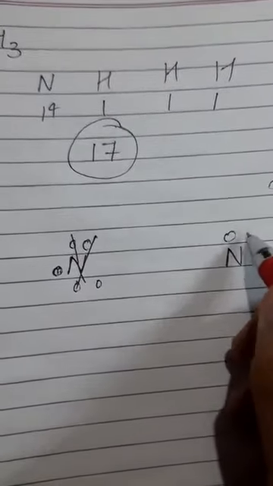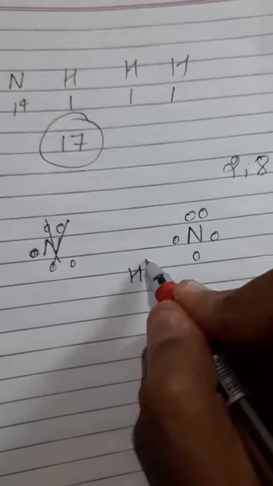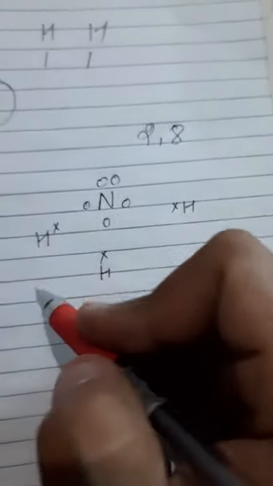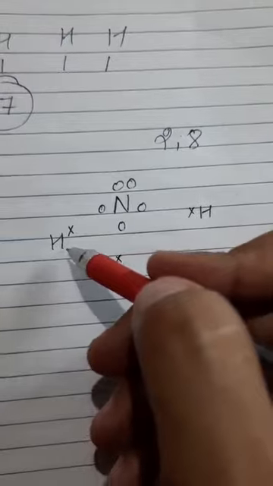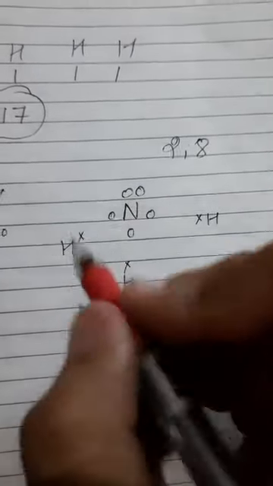Like, see here, nitrogen: 1 electron here, 1 electron here, and 1 electron here. Here one hydrogen is there, and I am showing its electron with a cross, one more hydrogen with a cross, and one more hydrogen with a cross, so that we can easily locate which electron is of nitrogen and which electron is of hydrogen.